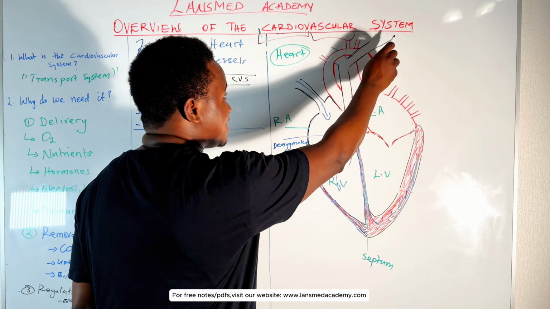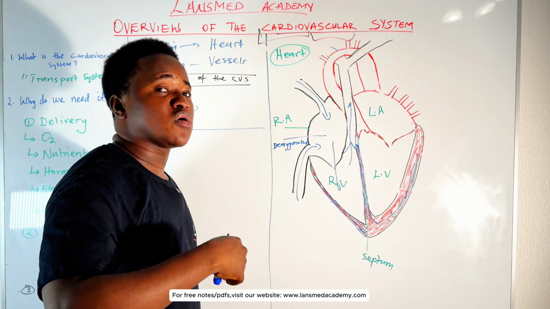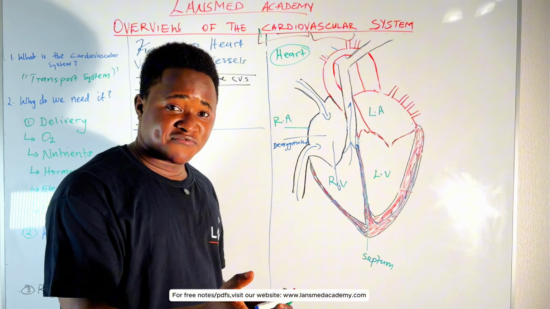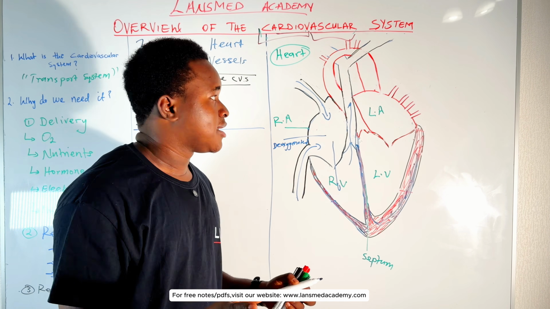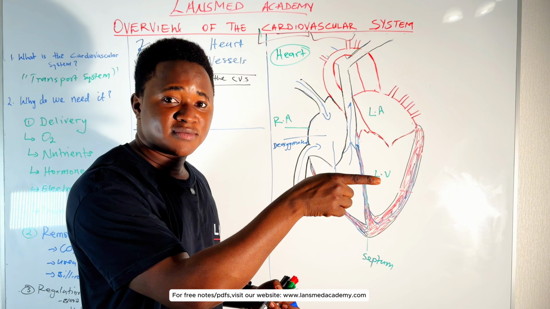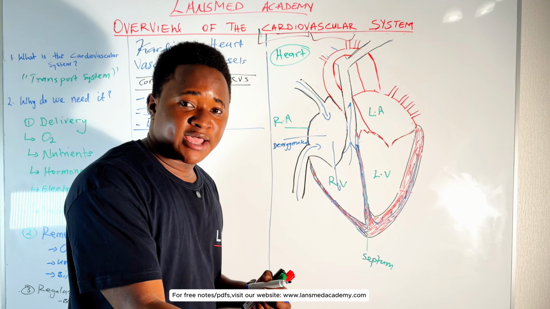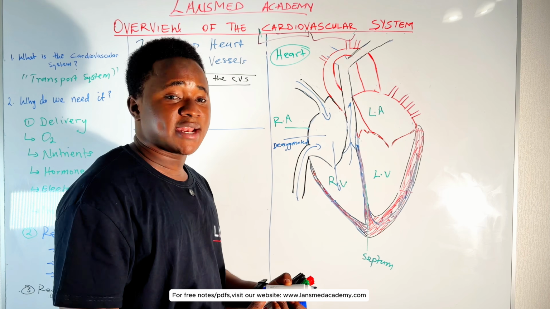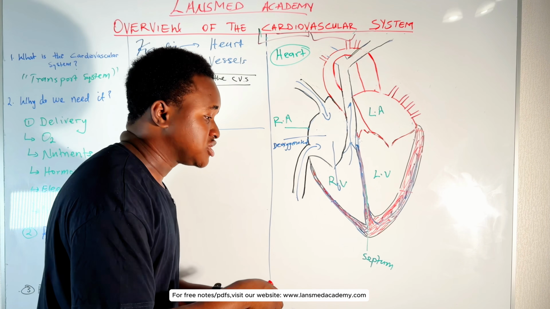So the right ventricle sends it to the lungs, and after oxygenation, when you breathe in oxygen, you are breathing out carbon dioxide. This is the process. So the blood goes to the lungs, they give off the carbon dioxide, and then they take the oxygen. Now automatically that blood becomes oxygenated.